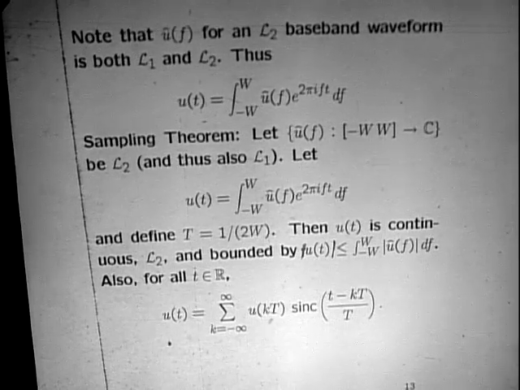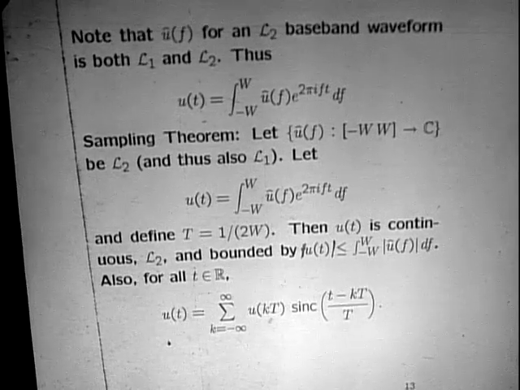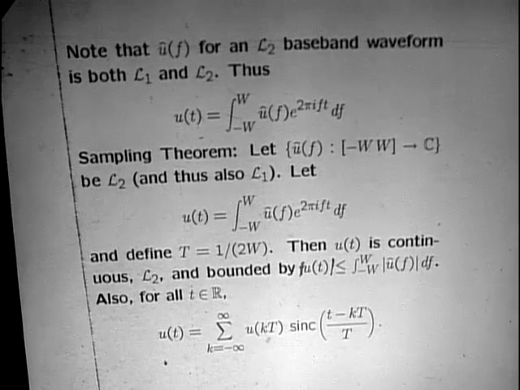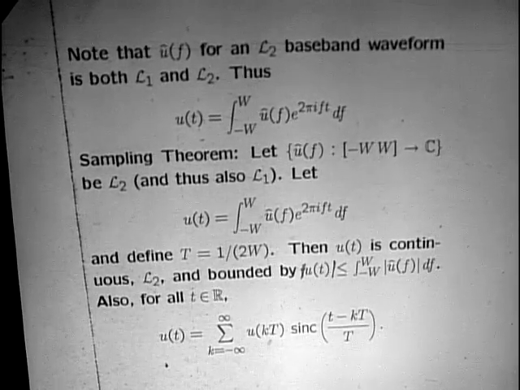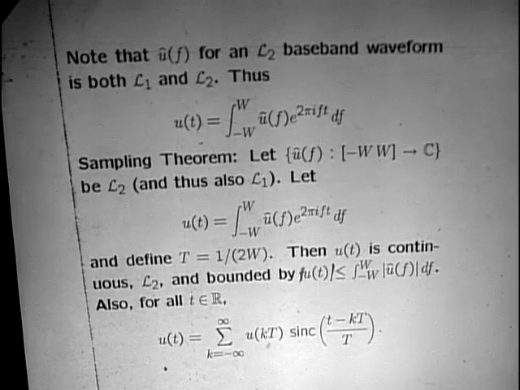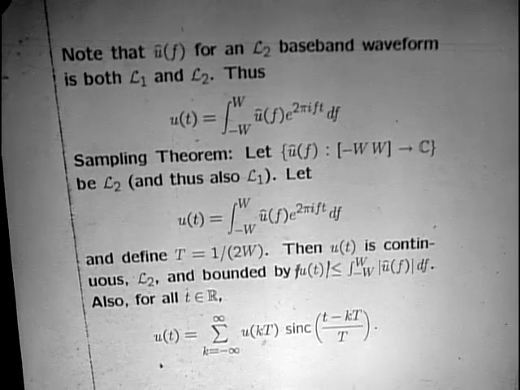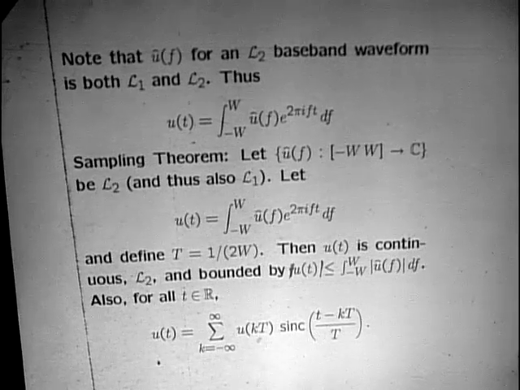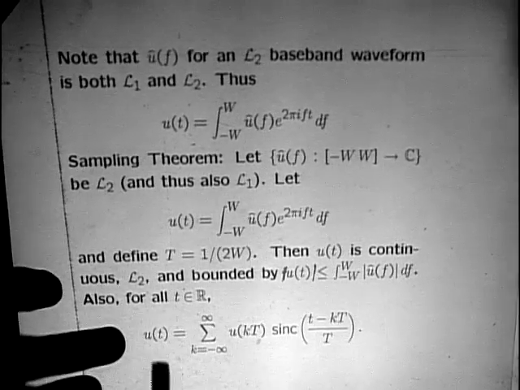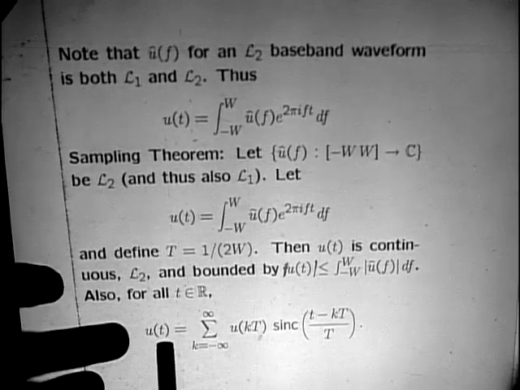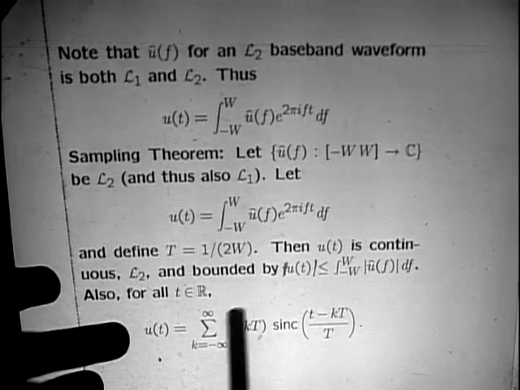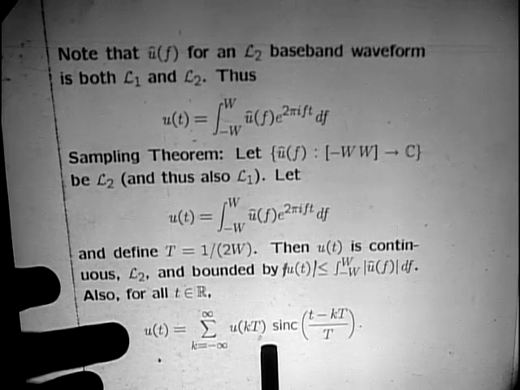Now, you've probably seen the sampling theorem before. How many people haven't seen this before? Okay, you've all seen it, so good. What it's saying is you can represent a function in terms of just knowing what its samples are.